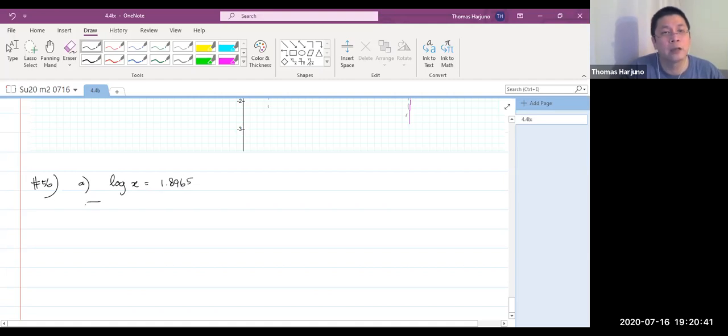To solve that, this is log form, so change it into exponential form, right? And x equals 10 to the power of 1.8965. Then I use my calculator.